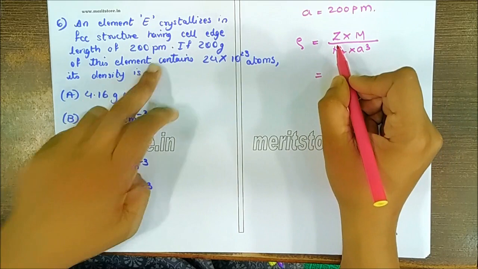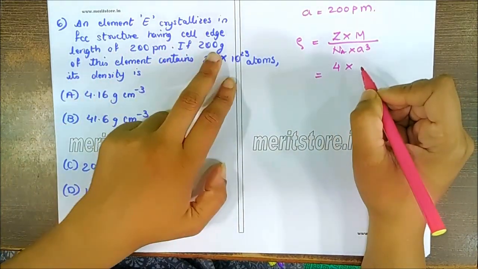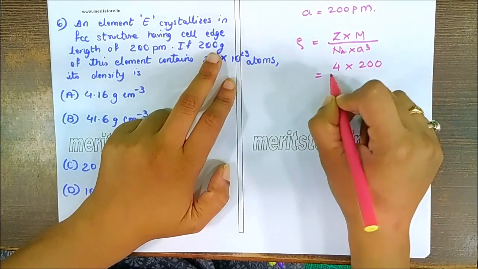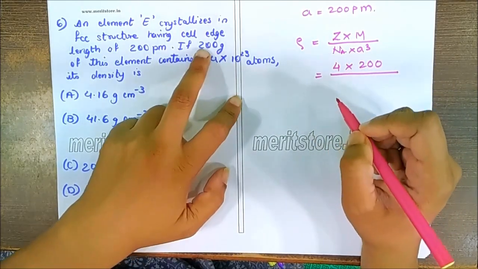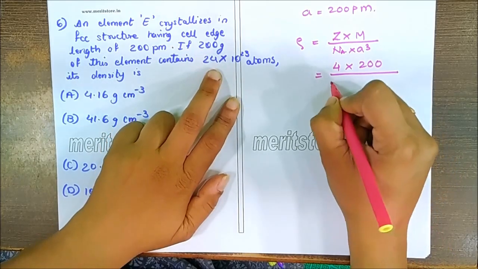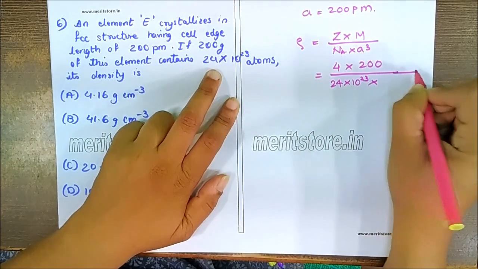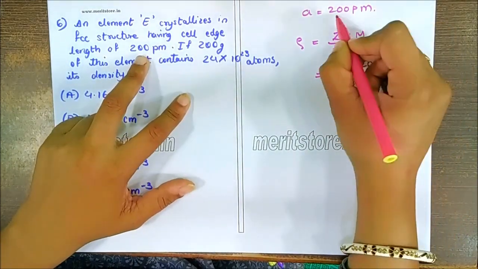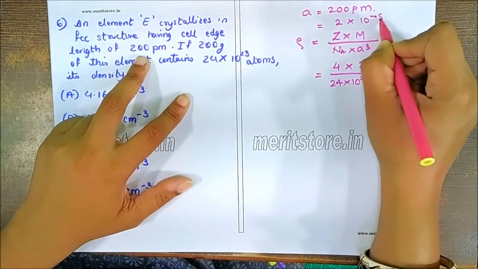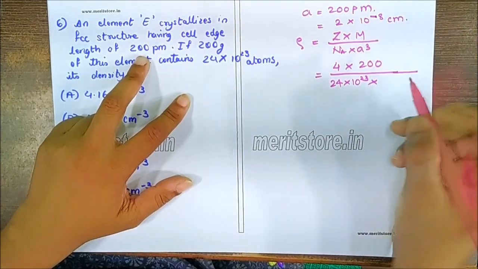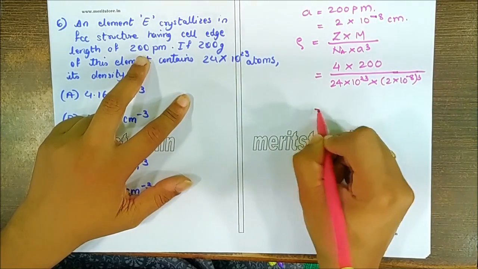Now here Z, since it is an FCC structure, has to be 4. Let us assume the mass is 200, which is given, upon the number of atoms. Instead of writing Avogadro's number, since they have given that 200 contains these atoms, I am writing this 24 into 10 raised to 23 into, now this edge length is 200 picometer, which is 2 into 10 raised to minus 8 centimeter. So this is 2 into 10 raised to minus 8 centimeter cube.